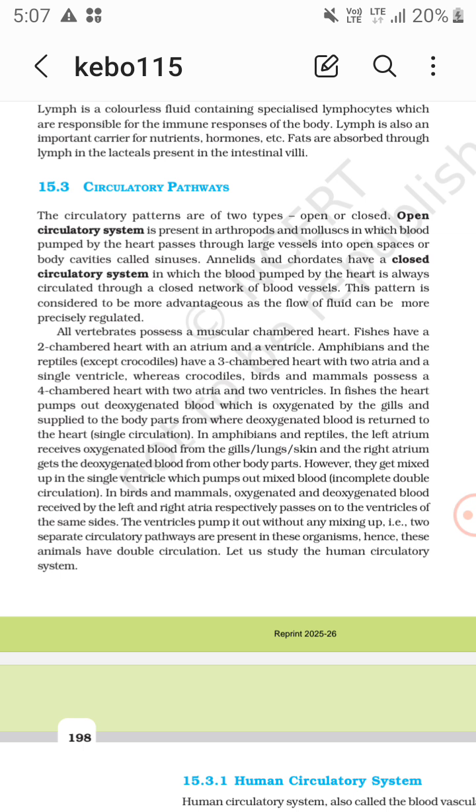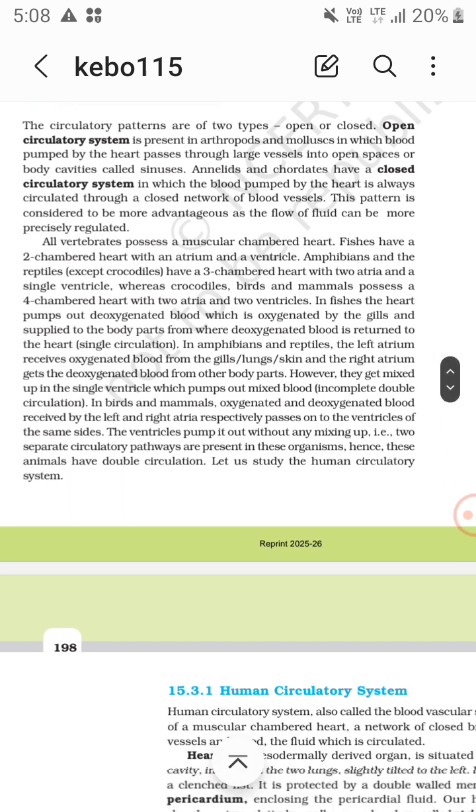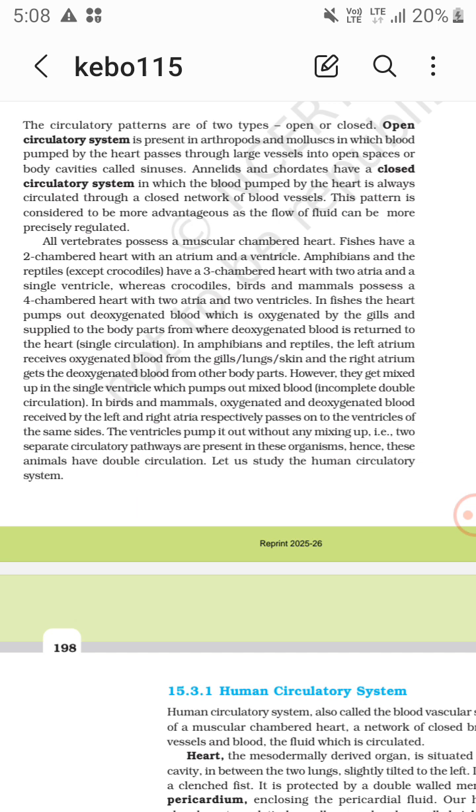In birds and mammals, oxygenated and deoxygenated blood received by the left and right atria respectively passes on to the ventricles of the same side. The ventricles pump it out without any mixing, so two separate circulatory pathways are present, and these animals have double circulation.